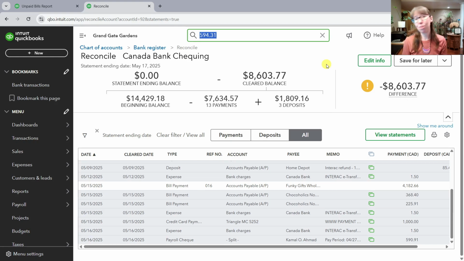So I don't use that match. Sometimes I use it to try and help find things like I just did, but I don't use it to enter. So next, I'm going to talk a bit about what the undo button does on the bank feed.